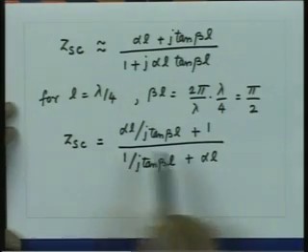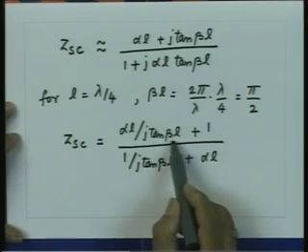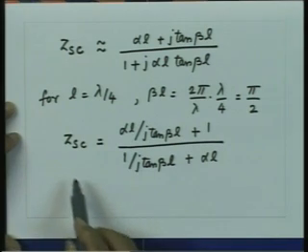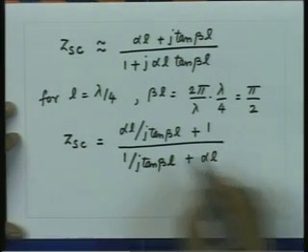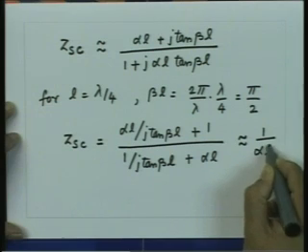Substituting now for beta L equal to pi by 2, that means tan beta L is infinity, this quantity will be 0, this quantity will be 0. So, I will get ZSC approximately equal to 1 upon alpha L.